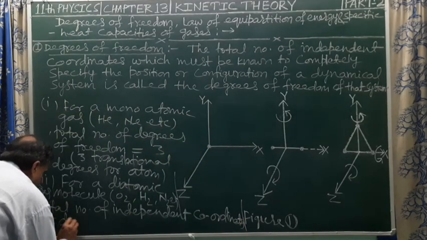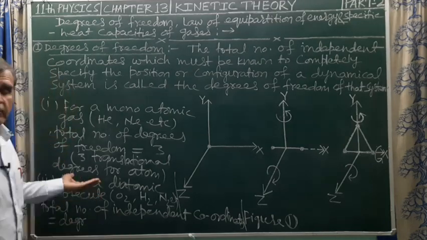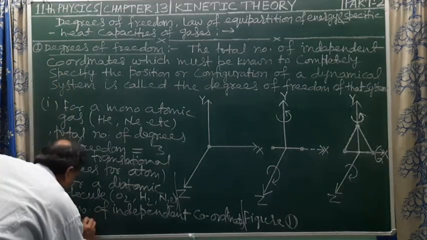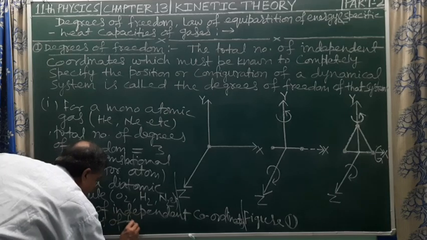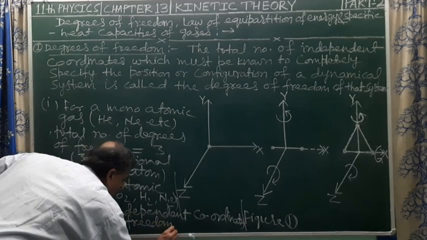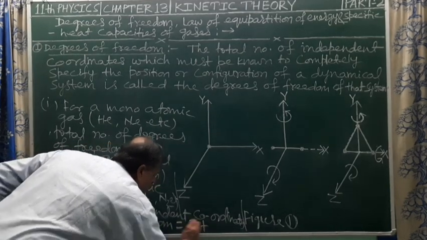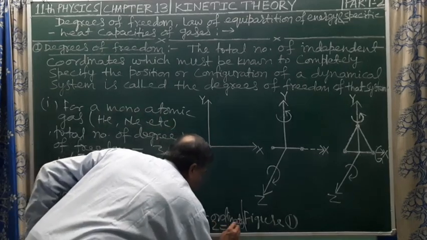That is degrees of freedom. Total number of independent coordinates is called degrees of freedom. So degrees of freedom equals 3 translational plus 2 rotational, that is 3 plus 2, that is 5.